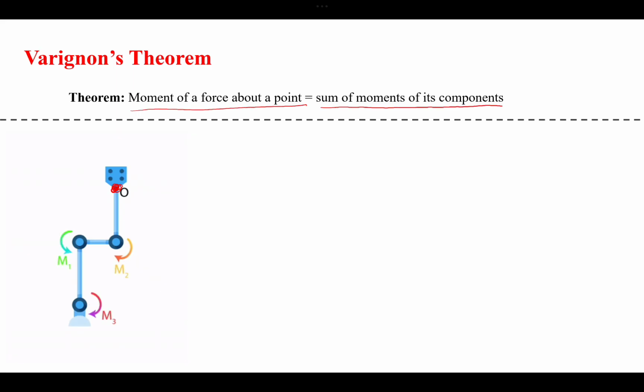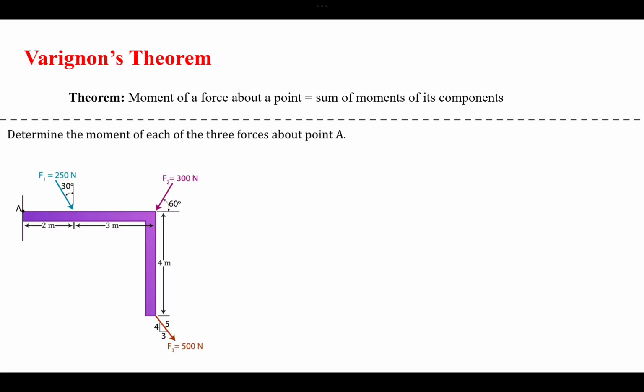So you have to calculate the moment because of F1, the moment because of F2, and then the moment because of F3. Once you have all these three moments, you can sum them up to get the total moment about point O. So this is just the basic Varignon's theorem.